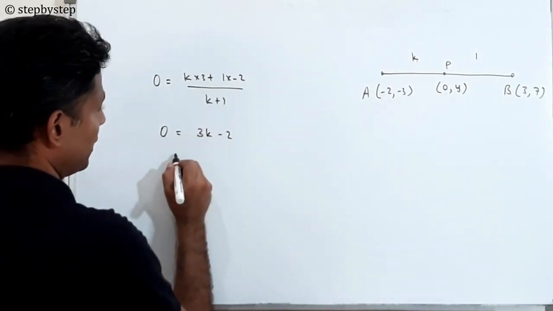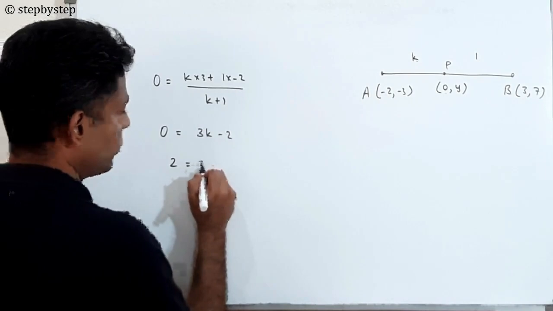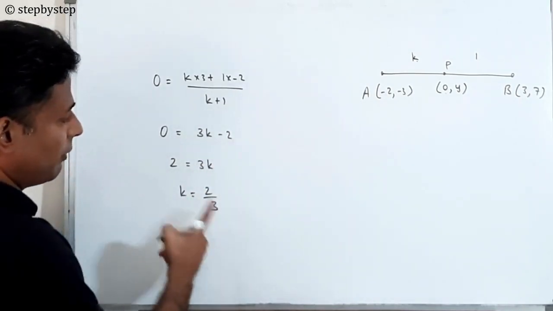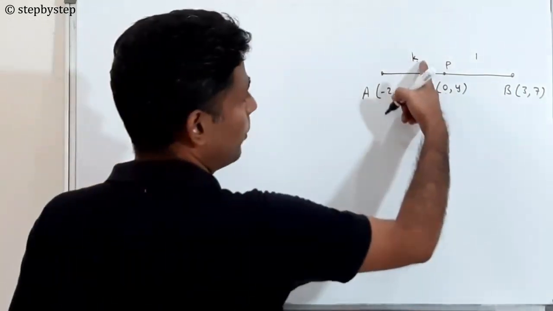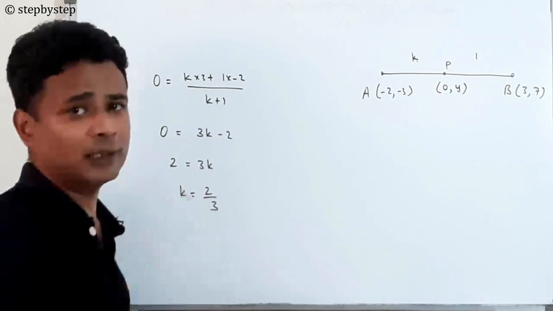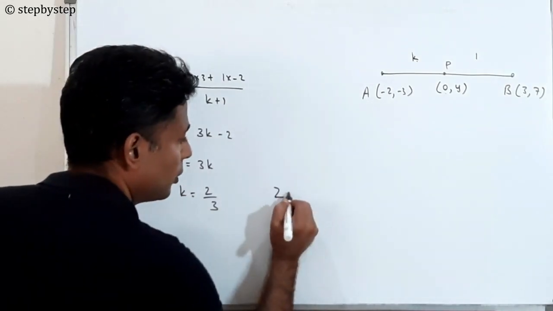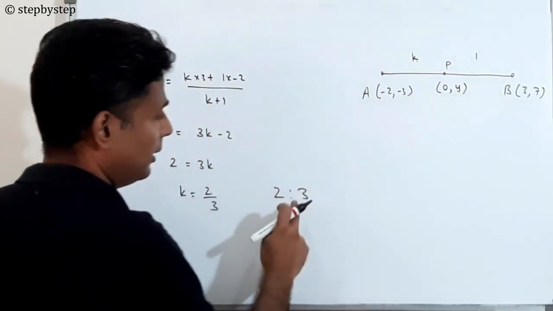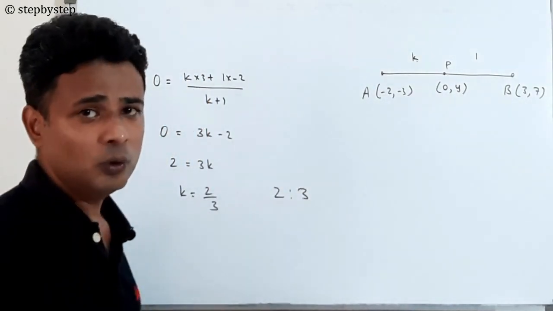Now when I transpose minus 2 that side, it becomes 2 equal to 3k, or k equal to 2 by 3. So we got value of k as 2 by 3, which means 2 by 3 is to 1, which is 2 by 3 by 1, which is nothing but 2 by 3, which means the ratio is 2 is to 3. So the y-axis divides this line in the ratio 2 is to 3.